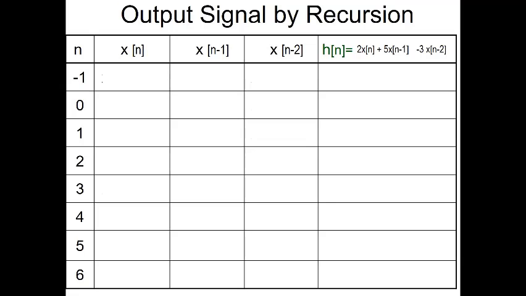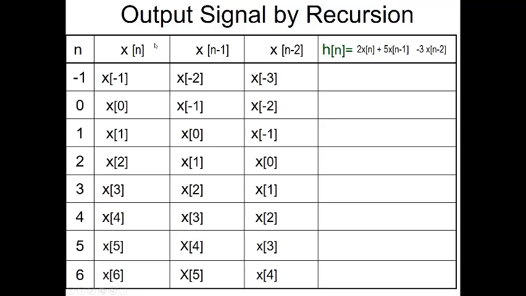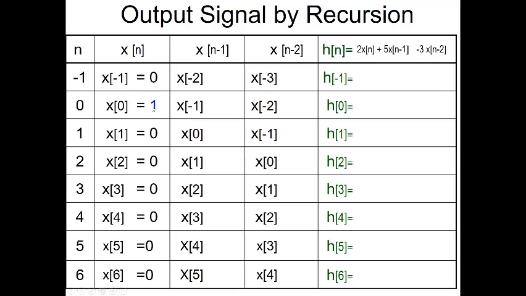So if you look back through your notes, we've done this recursion before. We have our 3 terms, x sub n, x sub n minus 1, x sub n minus 2, and our computation of the output, which in this case will be the sample values of the unit sample response. And we can plug in the appropriate values for the input: x sub n has a 1 at n equals 0.